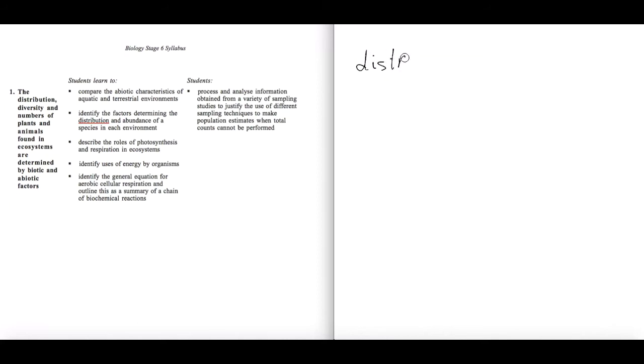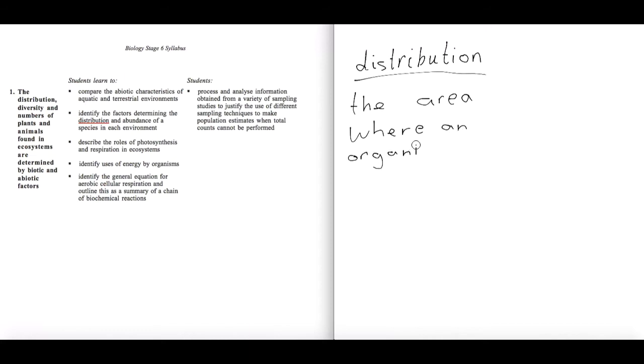So now that we know what the word identify means, we'll define the other keywords in this dot point. So distribution. Now we did cover this term in the last video, but we'll define it again. So distribution can be defined as the area where an organism is found.